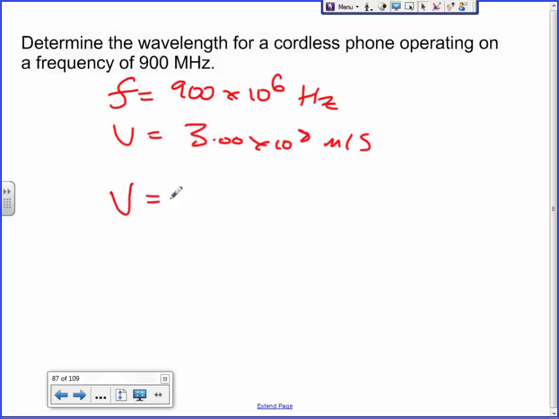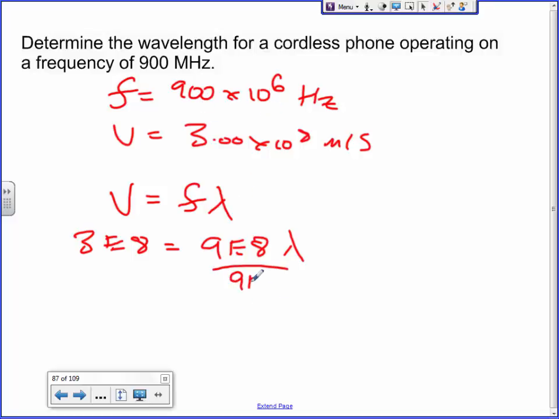So velocity is equal to frequency times wavelength, f times lambda. Your velocity was 3 times 10 to the 8. Your frequency was, can I call this 9 times 10 to the 8? Let's see how I pulled that off. If this is 900 times 10 to the 6, then maybe I can just call it 9 and throw the 2 extra zeros onto there. You could write it 900 times 10 to the 6 if you want.